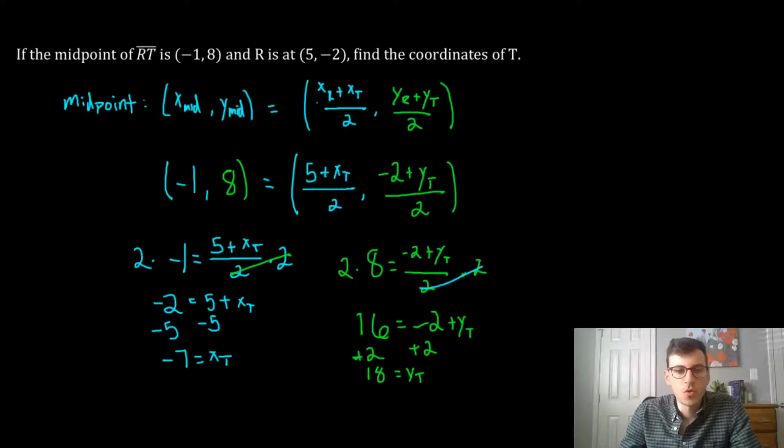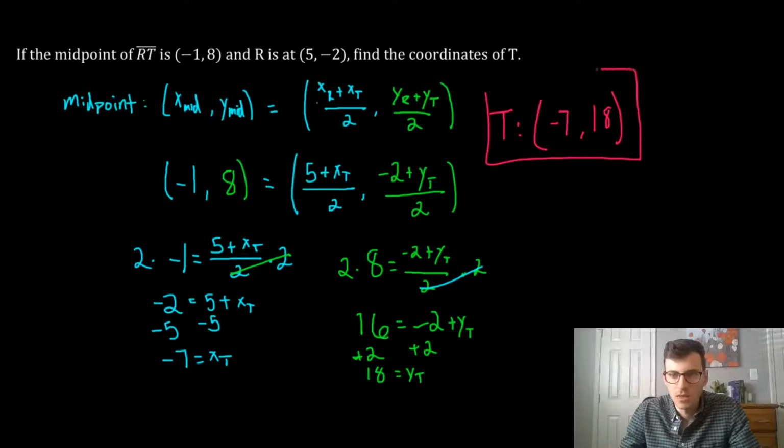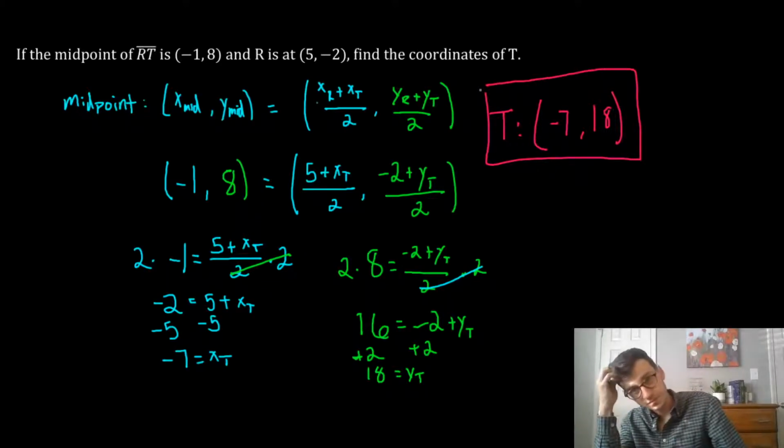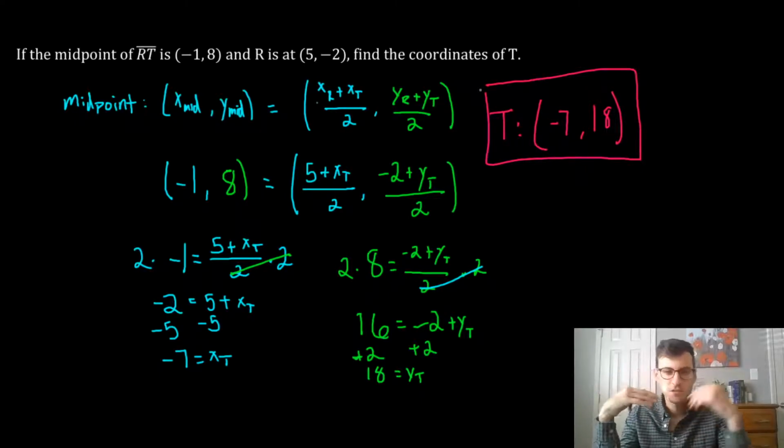So then the coordinate of T would be (-7, 18), -7 that's my X coordinate, 18 that's my Y coordinate. And that's the answer. And maybe something I want you to notice here, kind of think about it. The midpoint of RT is (-1, 8).